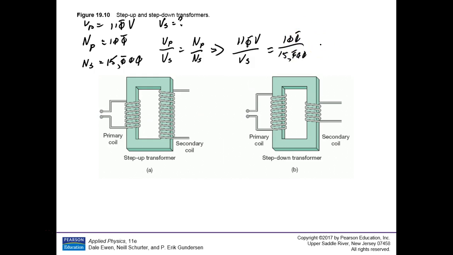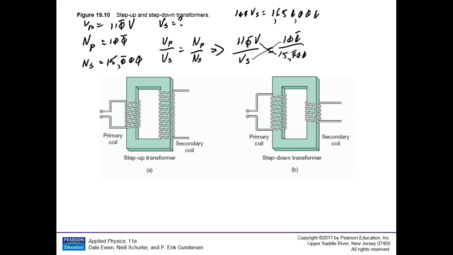Now, how do you solve a proportion? Anyone know? Cross multiply. Okay? So I like to do one with the variable first. That would be 100 V sub S is equal to, whoa, pull out a calculator, somebody. 110 times 15,000, that's 1,650,000.